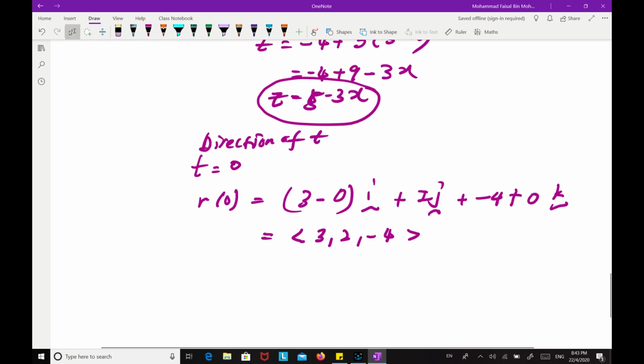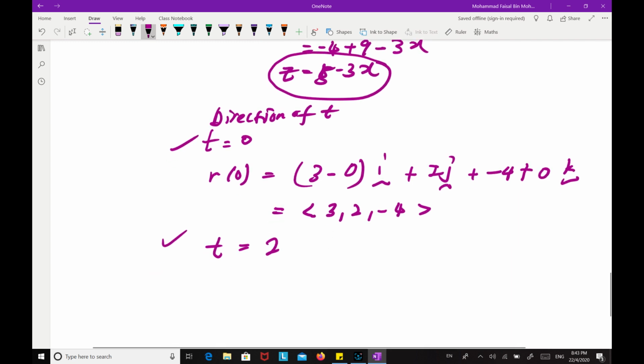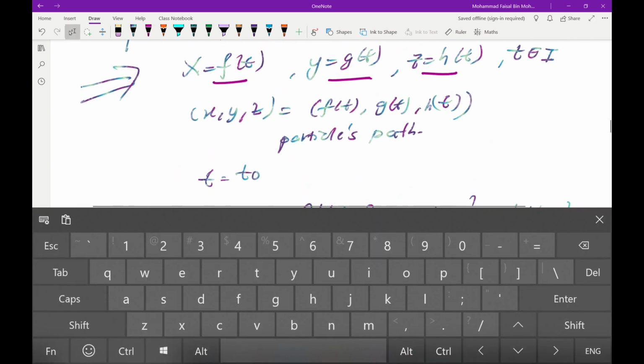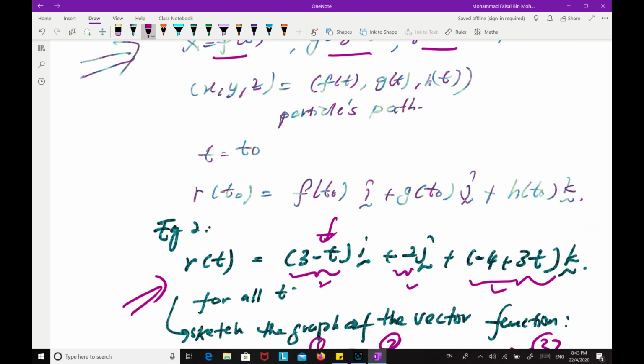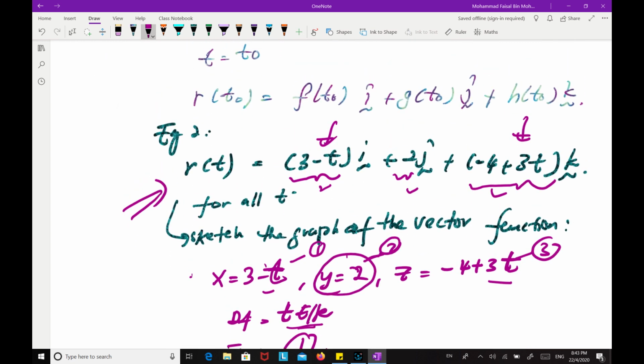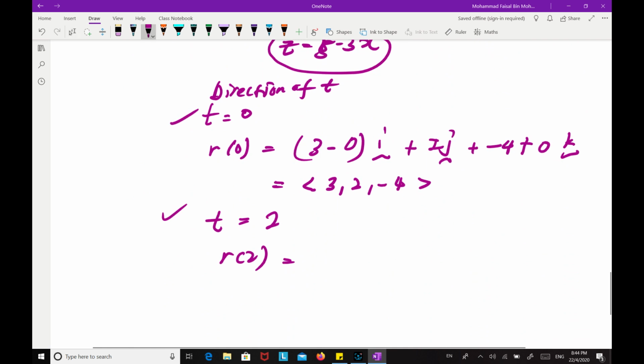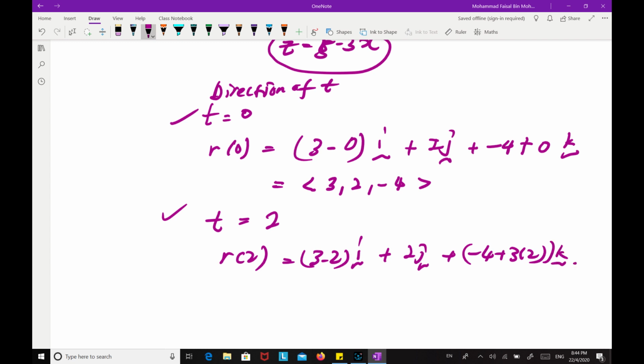And then I would like to put t equals 2. This is any value, you can put any value. Then you have r(2): you just substitute t equals 2. The 2j you cannot change. So (3 minus 2) i plus 2j plus (negative 4 plus 3 times 2) k.